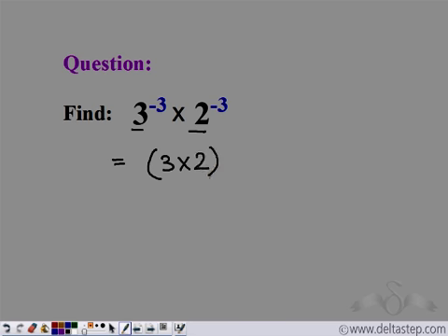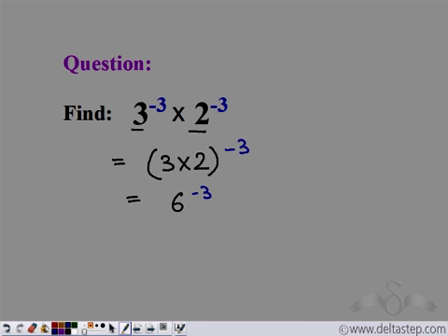So this is 3 into 2, and the power will remain as negative 3. So this is what we have. And this is equal to 3 into 2 is 6, 6 to the power negative 3. So this is the simplified form of this 6 to the power negative 3.